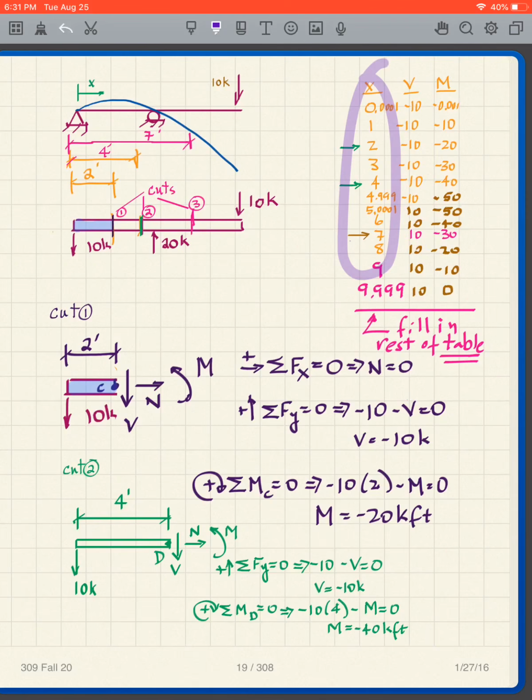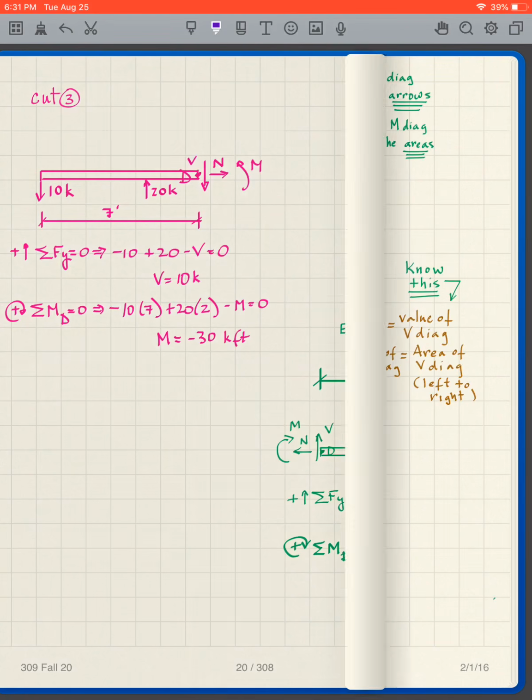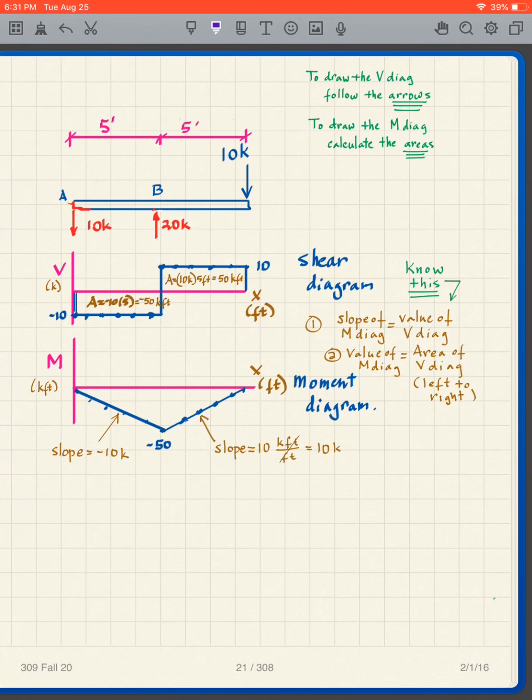Now V is called the shear, M is called the moment. So what does that mean for us? I can plot these values up, and this is the way we're going to do it. Here's my beam, here are my reactions, here's my load. And we always do this in this manner.